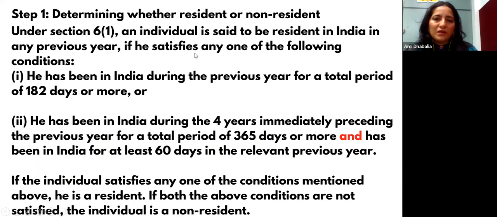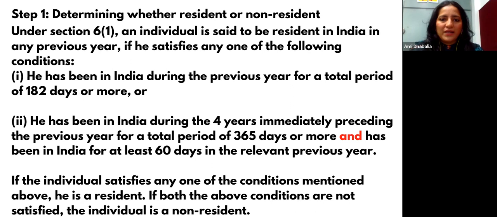We will look a little at the sections, because after the amendment in the last financial year 2021-22, this is a little bit more important. So there are 2 steps. Step 1 is determining whether a person or an individual is a resident or a non-resident.